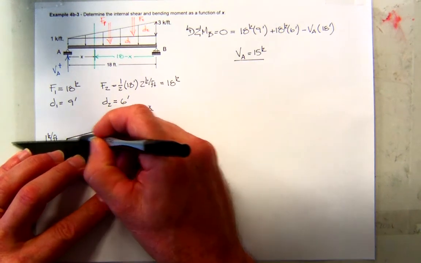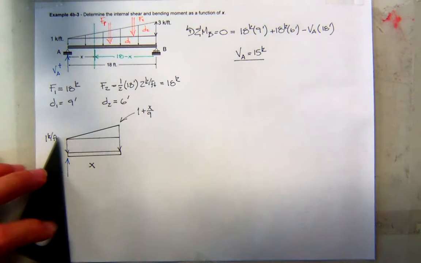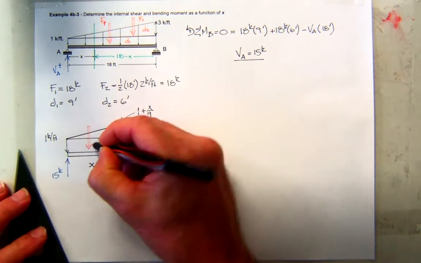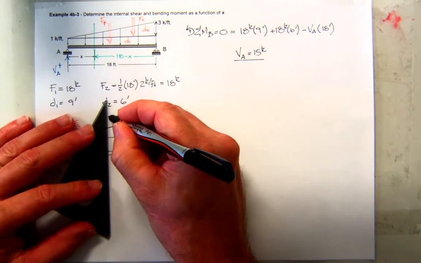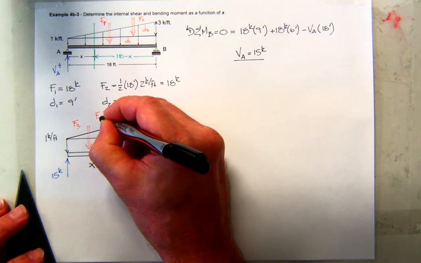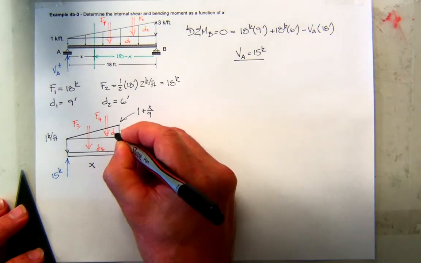A triangle and a rectangle. And since I've already used F1 and F2, I'll call these F3 and F4 at a distance D3 and D4.